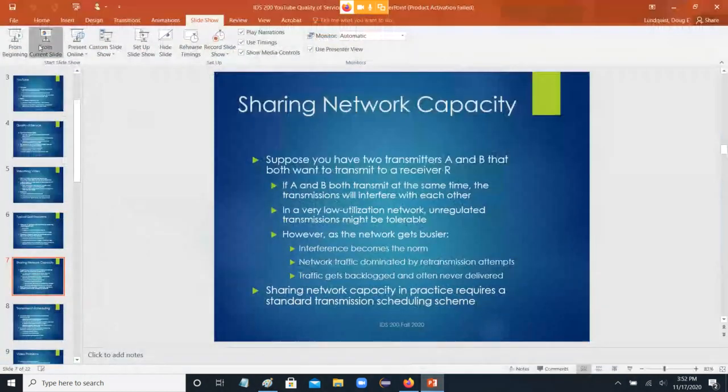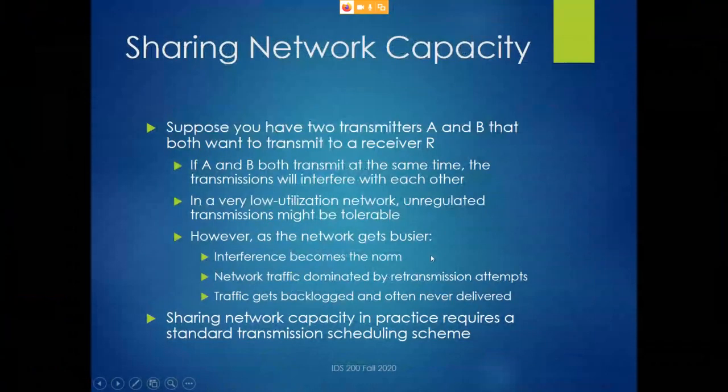So what happens? Number one, interference becomes normal. Number two, network traffic is going to get dominated by retransmission attempts. That means every time somebody tries to send out a packet and it fails, they're going to want to try again later. But every time they try again later, there's a pretty good chance that that retransmission will interrupt somebody else's conversation. And so it's going to just snowball on itself.